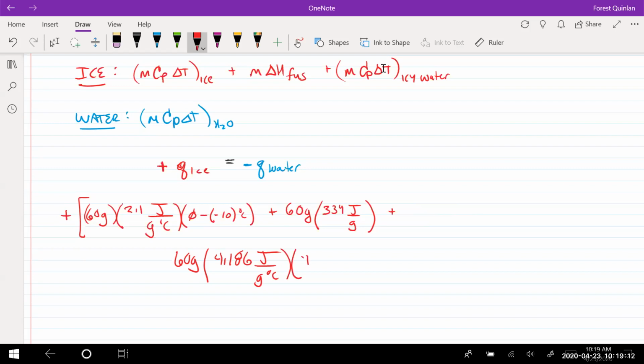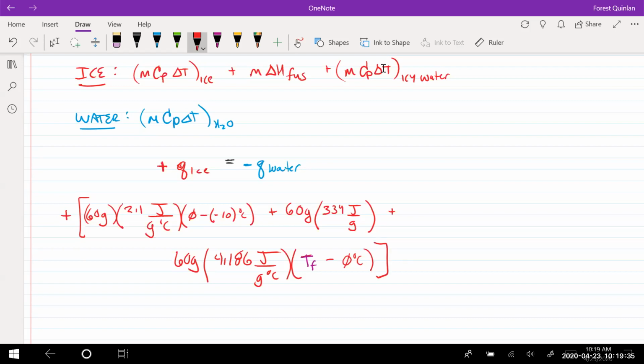Now we have our final temperature, which I'm going to put in purple. Our final temperature minus our initial temperature. Chef, what's our initial temperature of the icy water? 0.